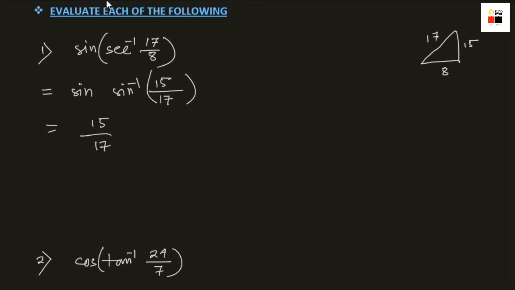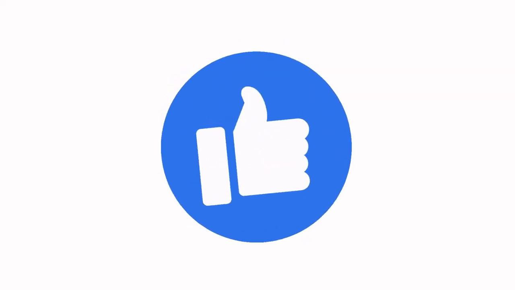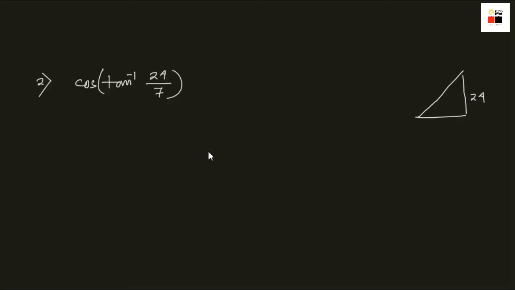This will be the answer. Next problem is cos of tan inverse 24 by 7. In this case, similarly, 24 will be the perpendicular of this right angle triangle and 7 will be base. By Pythagoras theorem this will be 25. This is equal to cos of cos inverse 7 by 25, which is 7 by 25.